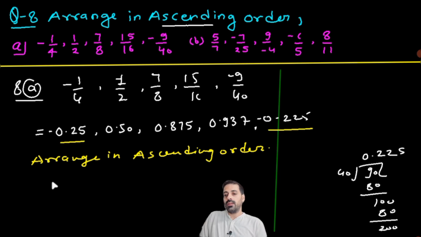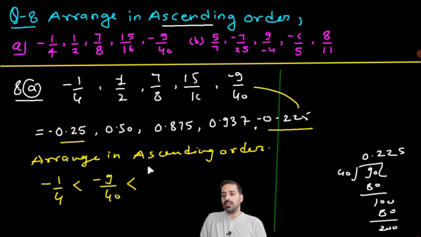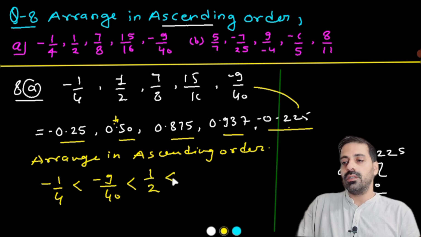Now we have to arrange in ascending order. The smallest number is negative 1 by 4. Then comes negative 9 upon 40.